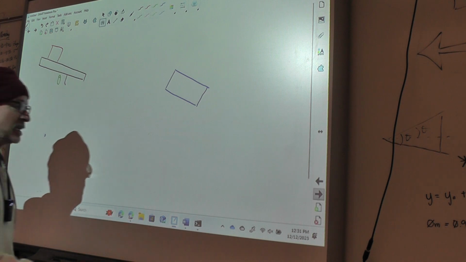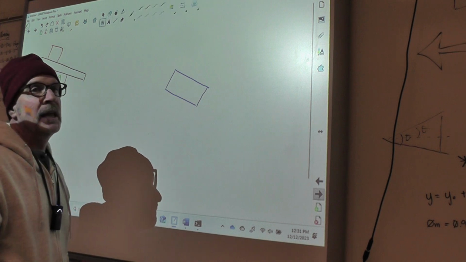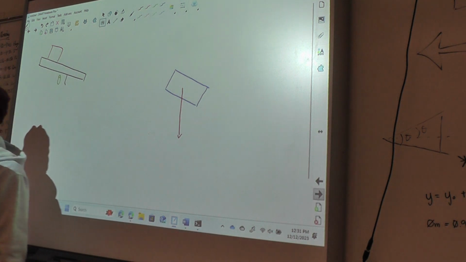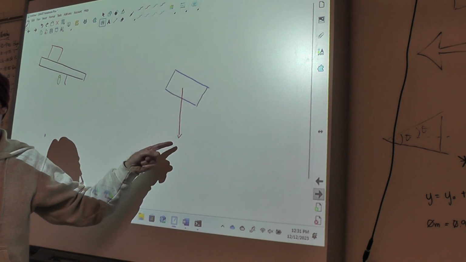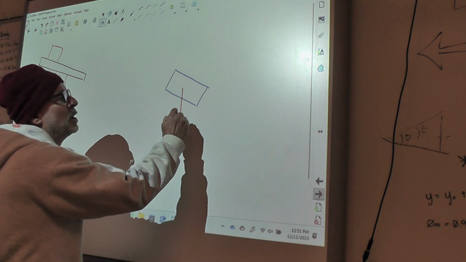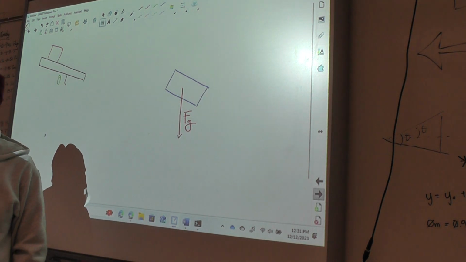And one of the forces, the easiest one to think about, is the gravitational force. That is pulling straight down on the block. When we draw free body diagrams that show forces acting on things, we draw forces as arrows pointing away from the object. This is the gravitational force. We could write F with a little g, which stands for the force of gravity.